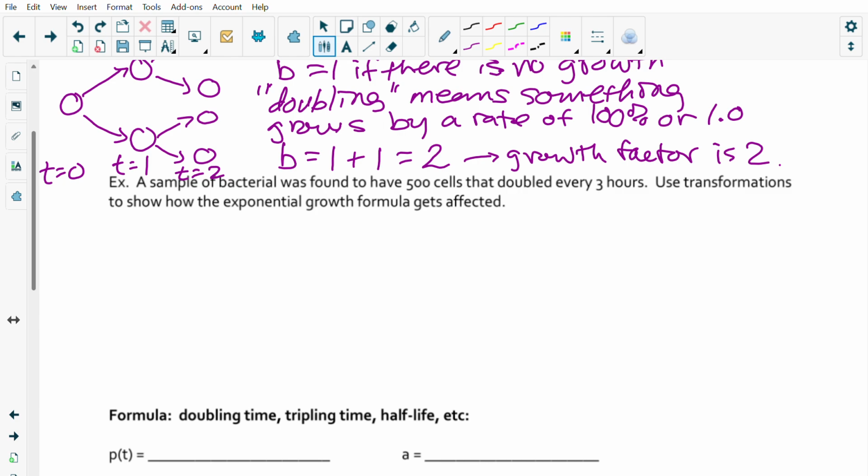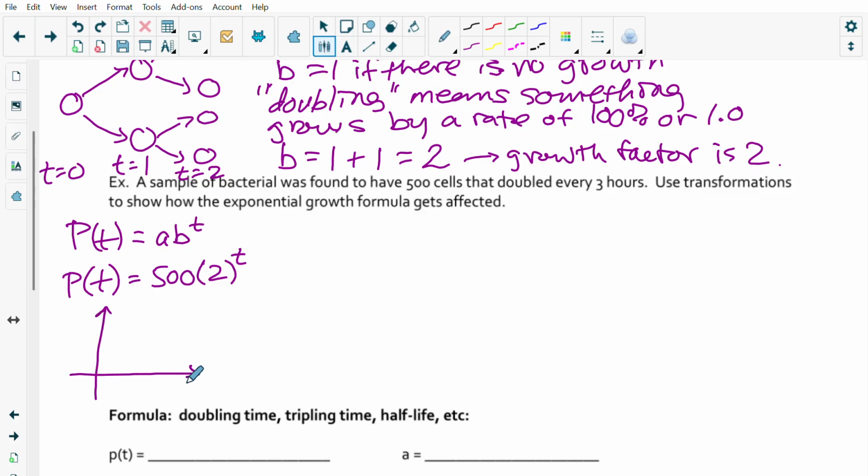So if I start with this, let's start with our growth formula, okay? And we say it starts with 500. Let's do it this way, 500, and then doubling, and we're looking at the time, okay? So if we graph this, folks, let's take a look.